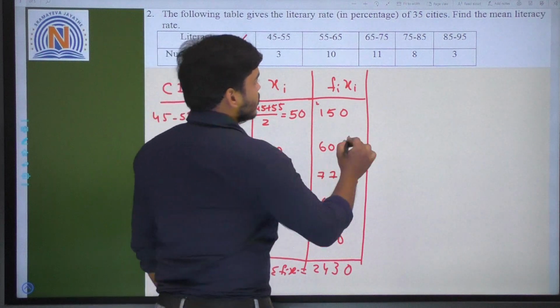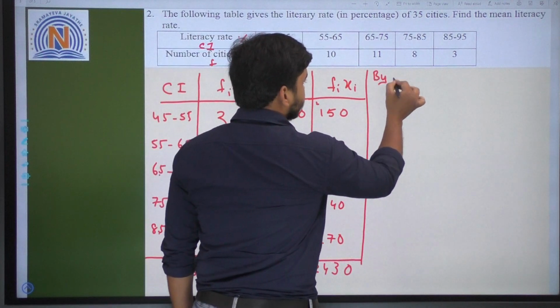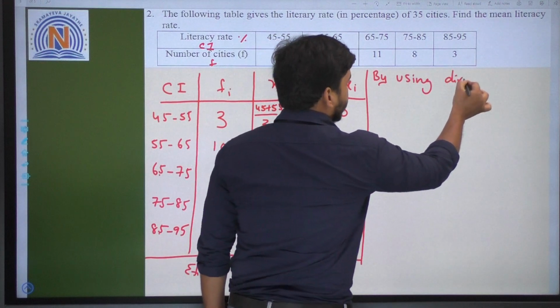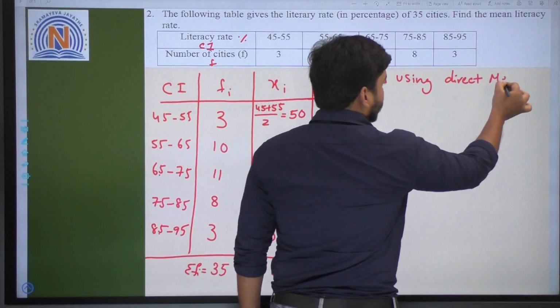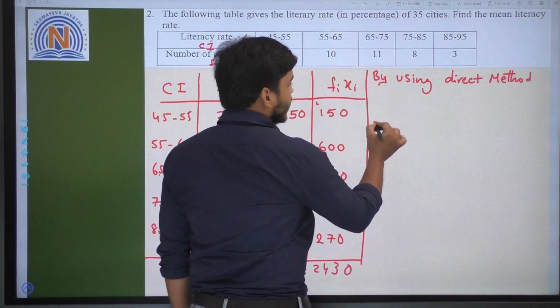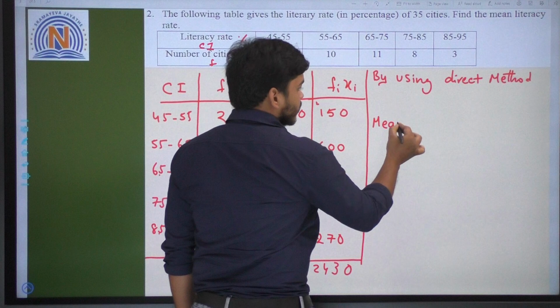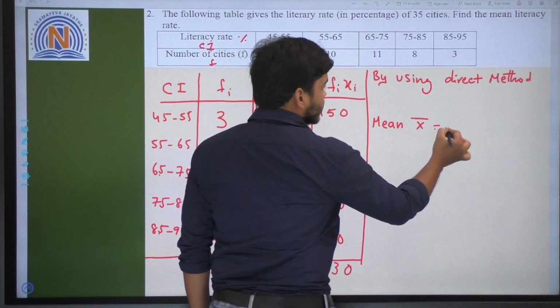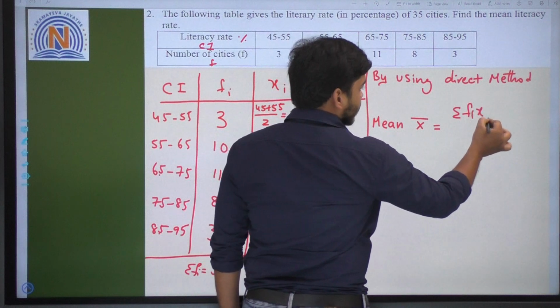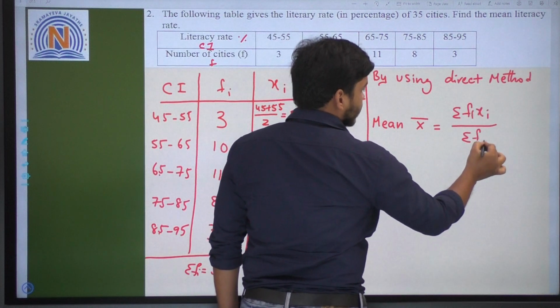So now by using the direct method, the mean of the data, x bar, is equal to sigma fi xi by sigma fi.